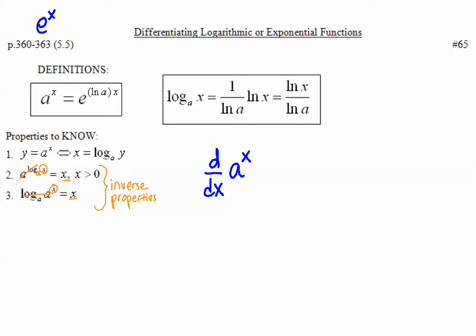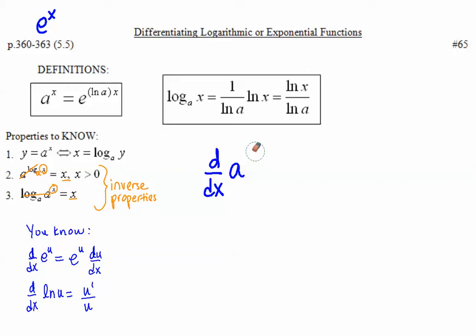Actually, let's write those down just as a recall sort of thing. So you know these two: the derivative with respect to x of e to the u, that's the easiest, e to the u, but use the chain rule, du dx. You also know the derivative with respect to x of natural log of u. We write that as u prime over u.